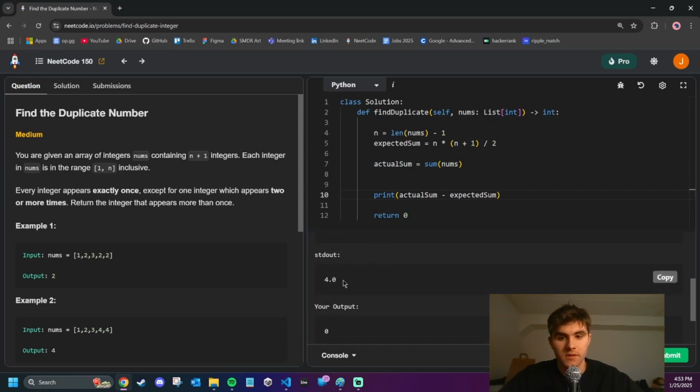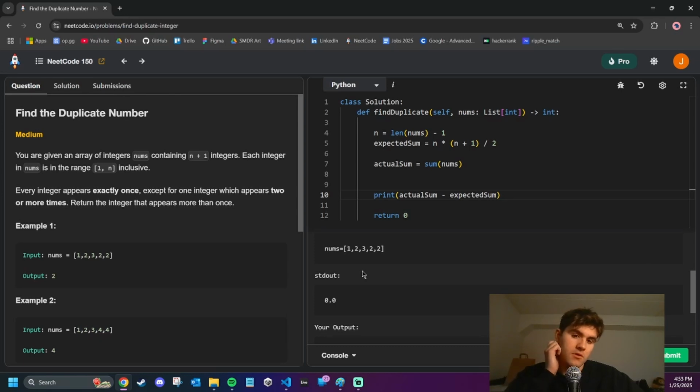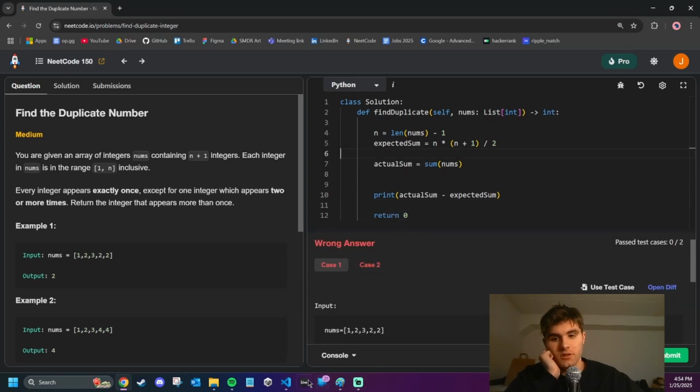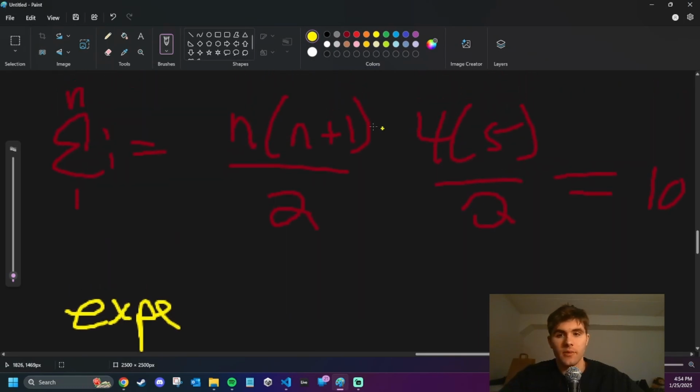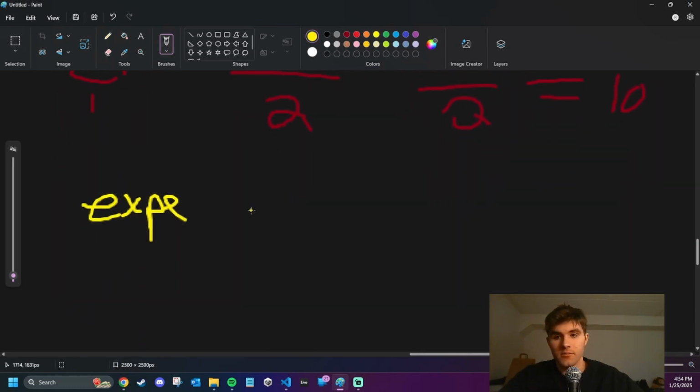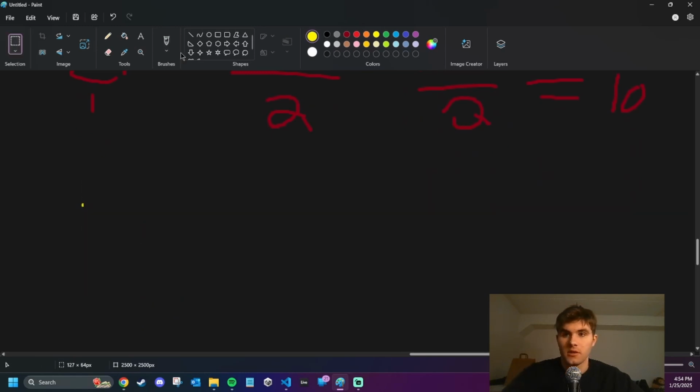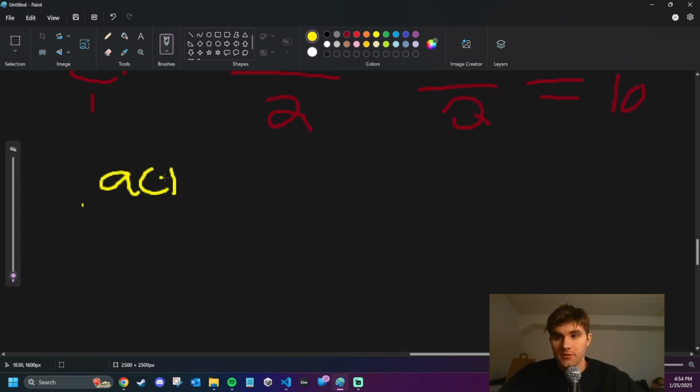So this should give us 4. If there's many duplicates, so in this case, okay, so this works for one duplicate. So we get the actual sum. So I'll just call it actual and expected. So the actual is the sum.